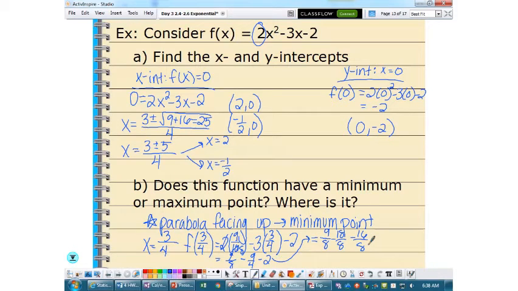Just doing the arithmetic, we have 9 minus 18 minus 16 on top, which gives us negative 25 over 8. So our minimum point is at 3/4, comma, negative 25 over 8.